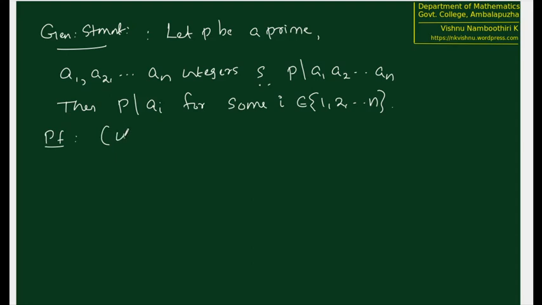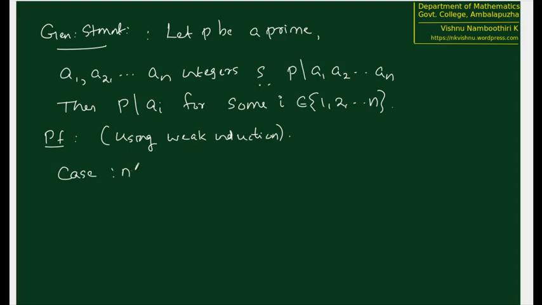Proof using weak induction. Okay, so when n is equal to 2, that means P divides A1, A2.